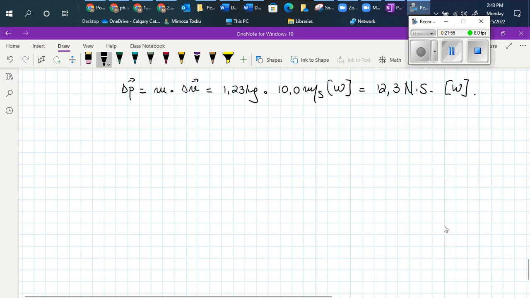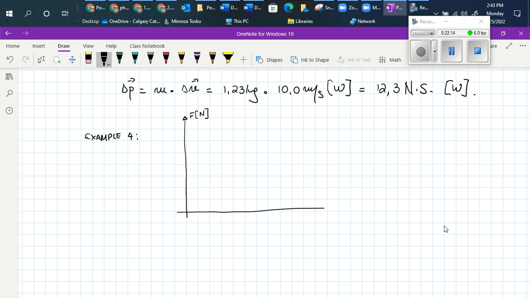So now we will see an example in which we will use the graphing. So let's suppose that we have a situation like this, when we have a force in newtons versus time graph in seconds.